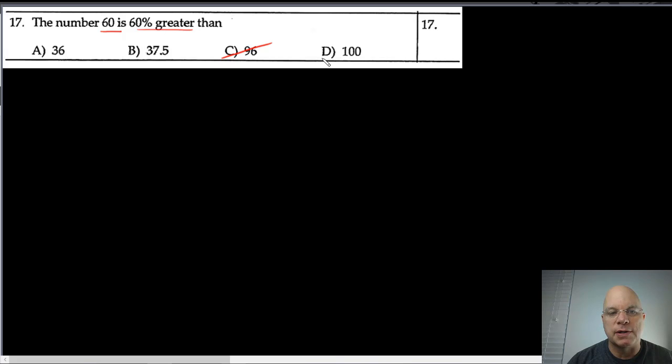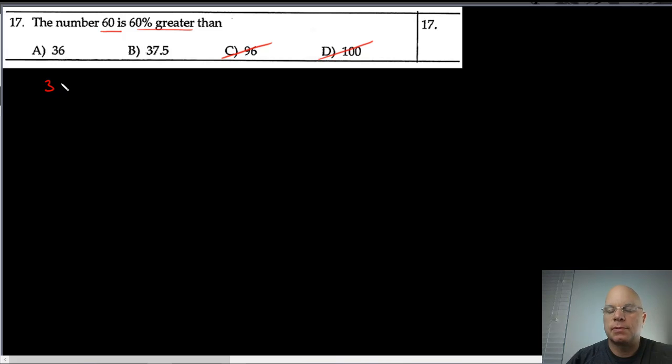It can't be 100 because 60 is not greater than 100. 60 is 60% greater than some number that's less than 60. So then you can take each number and, I mean, really, there's so many different ways to do this. You can do 50%.